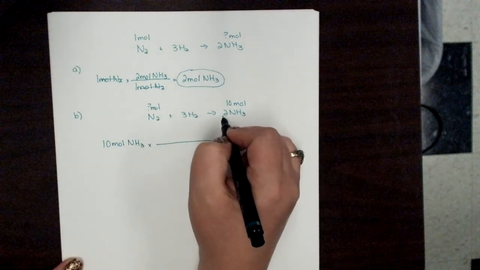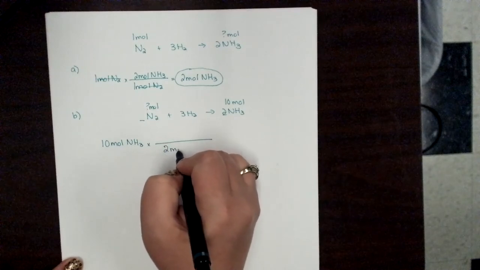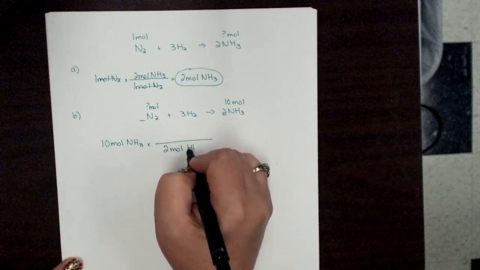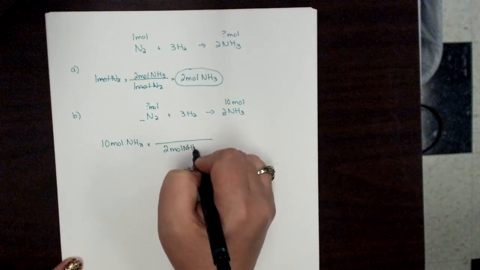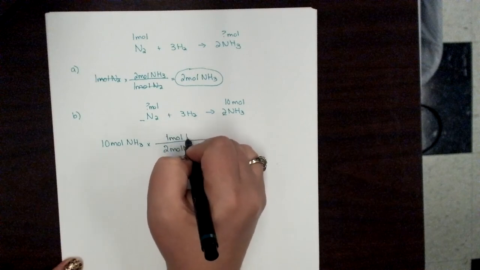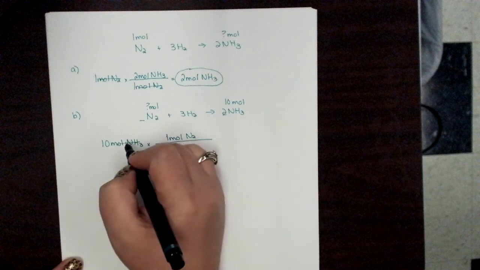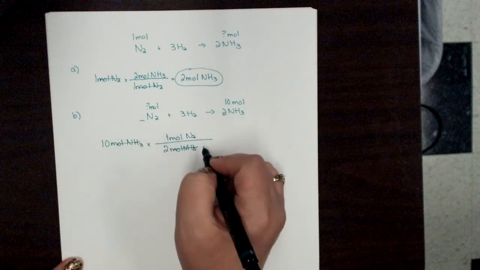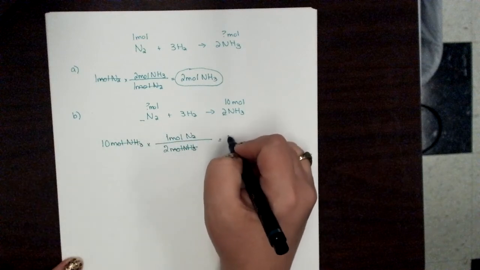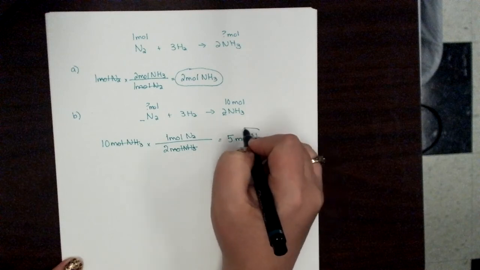I'm going to put my mole ratio 2 to 1, 2 moles of NH3 on bottom, and my 1 mole of N2 on top. Run it through my calculator. 10 times 1 is 10. Divided by 2 is 5 moles of N2.